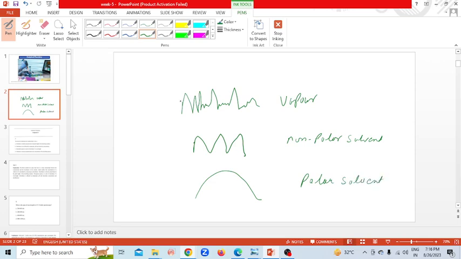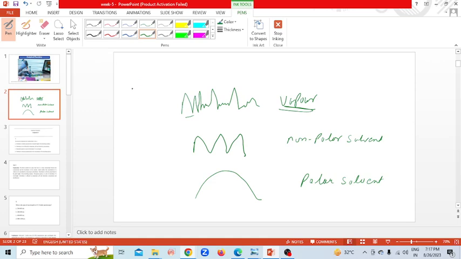Why are we getting different peaks from vapor to non-polar solvent and from non-polar to polar solvent? When it is in the vapor phase, we can interpret it with all the energy levels. What is the meaning of energy level?